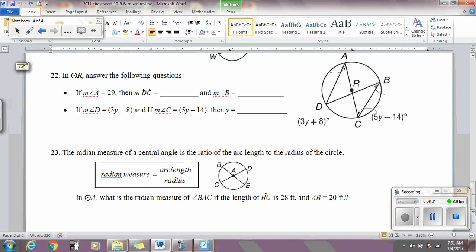For number 22, it tells us that angle A is 29. It would like for us to find the measure of arc DC.